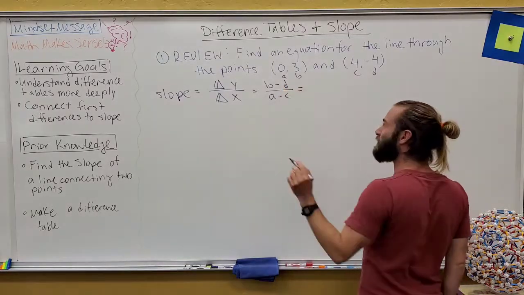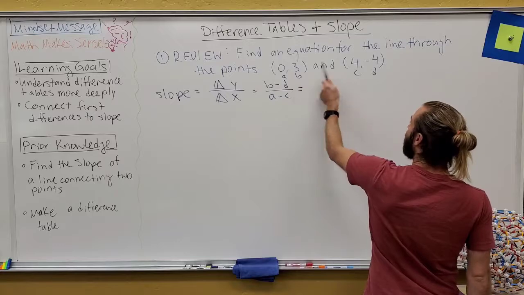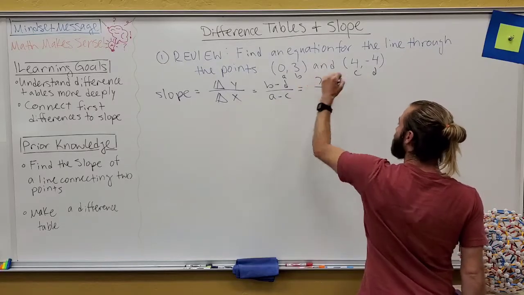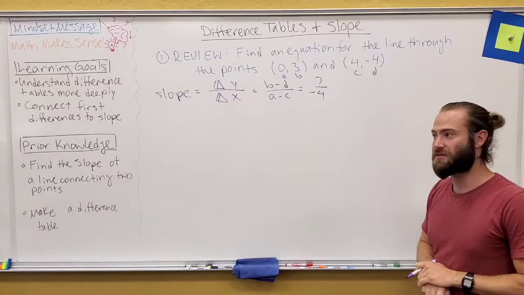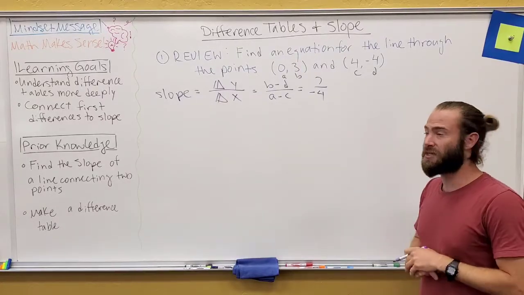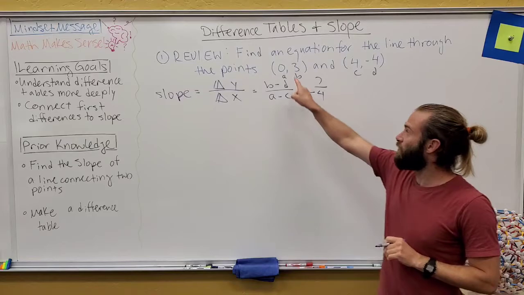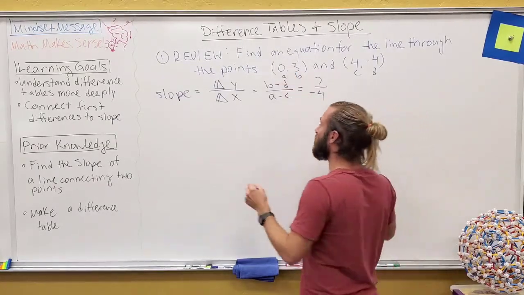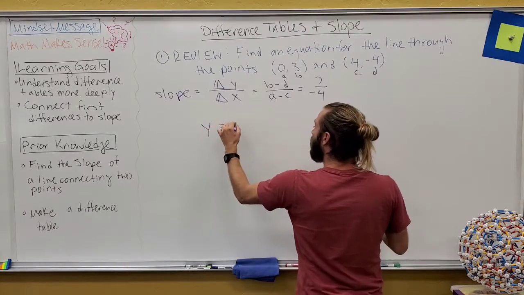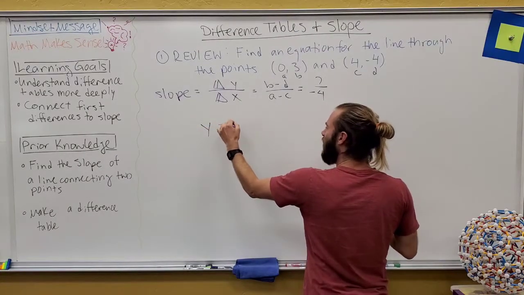So either way, however you calculate this slope, it's going to be 3 minus negative 4 is 7, and 0 minus 4 is negative 4. So our slope here is negative 7/4. Now we have two options. We actually have the y-intercept already given to us, so that's pretty nice. So we could use what we've learned before. Y equals mx plus b, often we'll use.